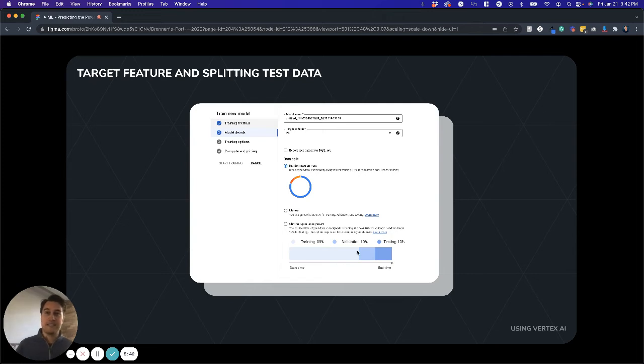Also, the really nice thing about Vertex is that the training and test data split was done for me. So they automatically took the data and split it, making sure that we're not testing our model with our training data and vice versa. That was a nice feature.